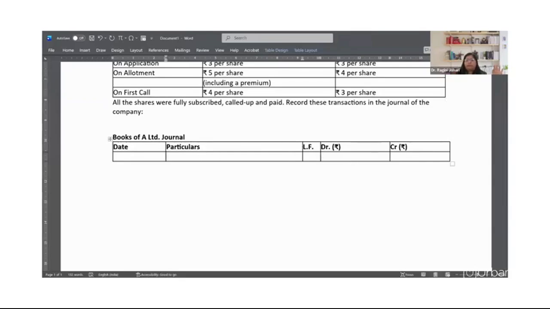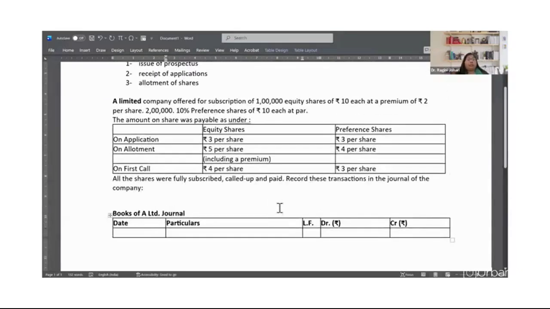First things first, we start with the receipt of application money.